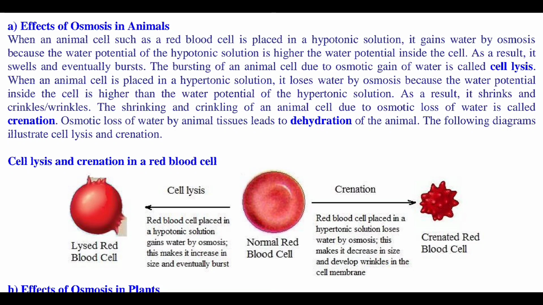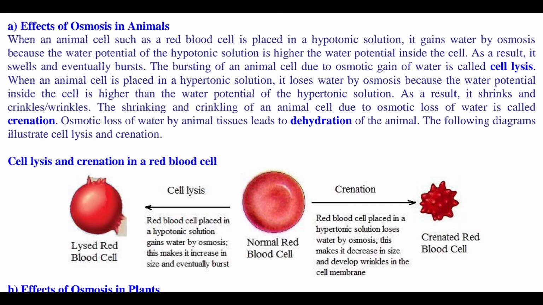Now, hypotonic solution has less concentration than the concentration inside the living cell. So the red blood cell will gain water by osmosis. Why? Because the water potential of hypotonic solution is higher than the water potential inside the cell.